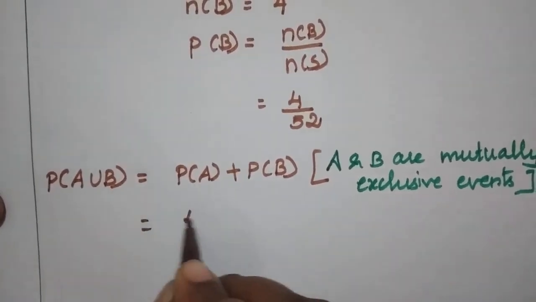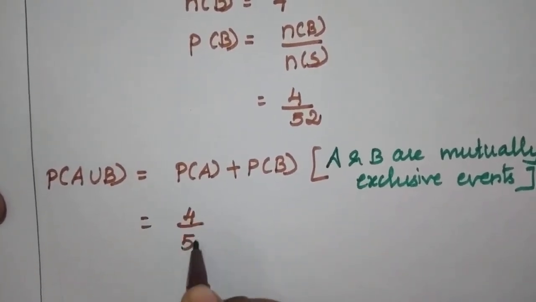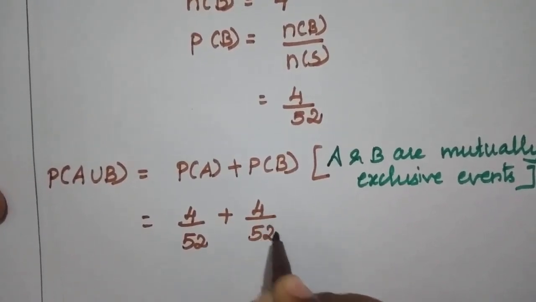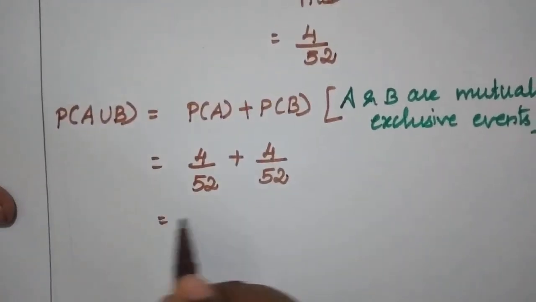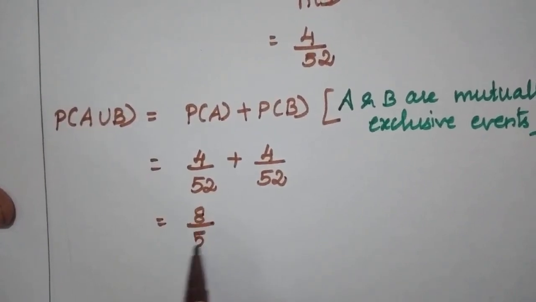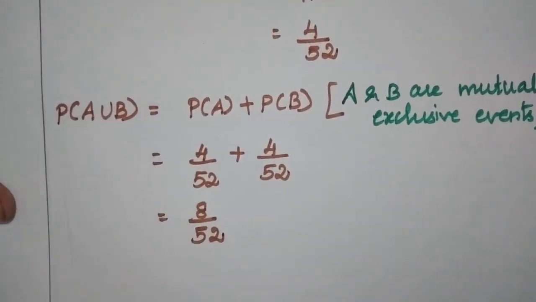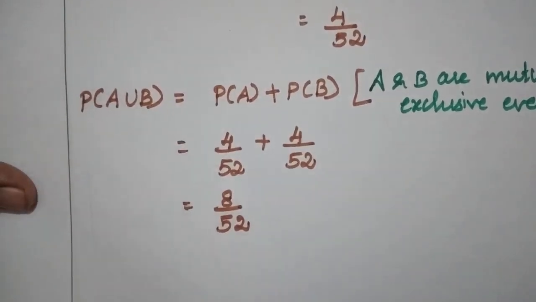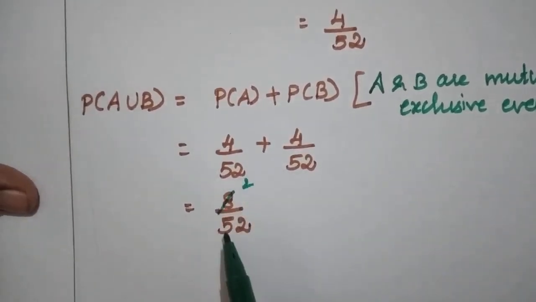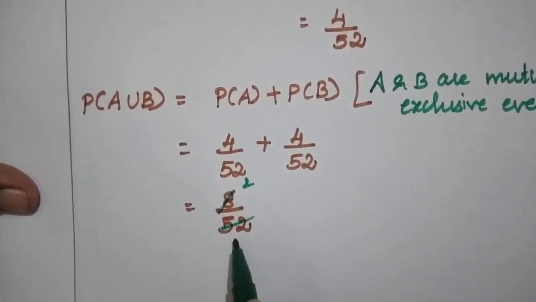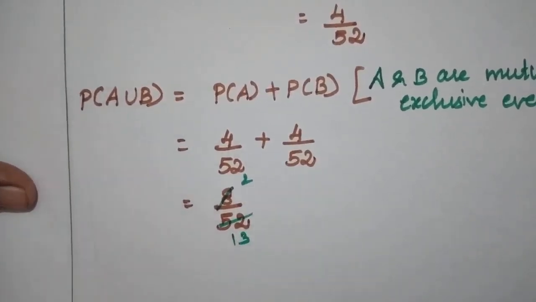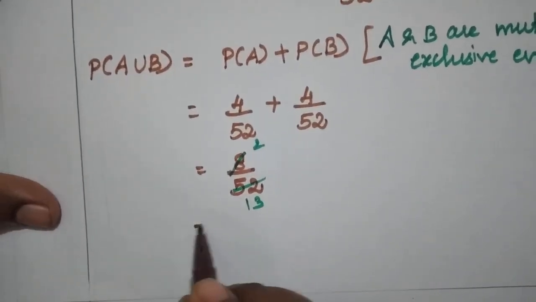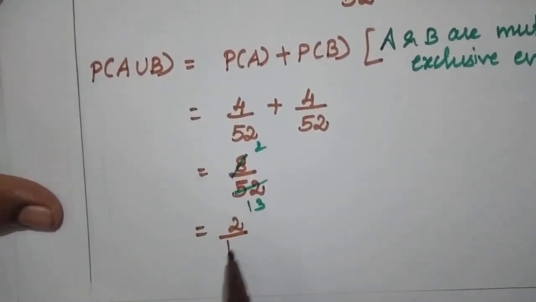P of A is 4 by 52 and P of B is 4 by 52, which is equal to 8 by 52. Now we can simplify this one. Cancel by 4 tables. 2 4s are 8 and here 1 4 is 4, 3 4s are 12. So the answer is 2 by 13.